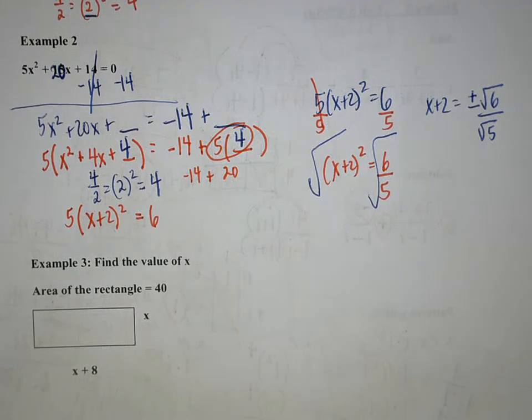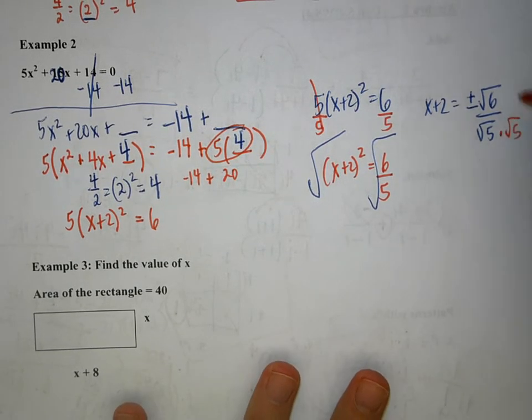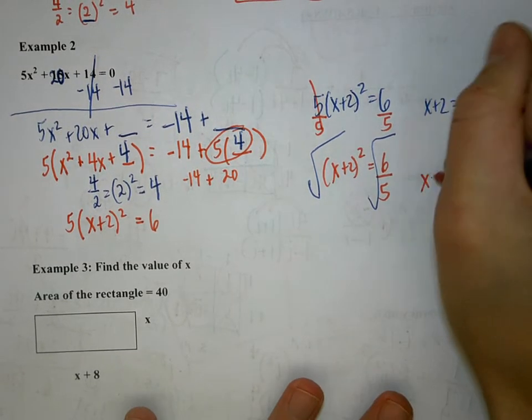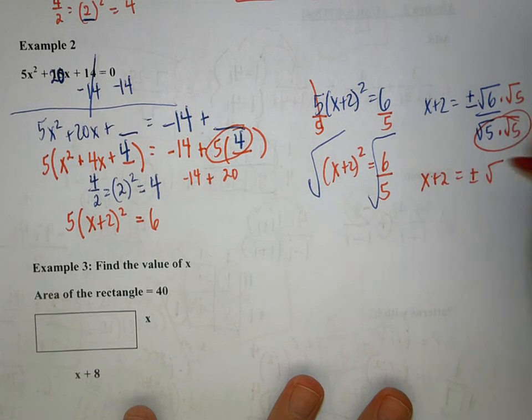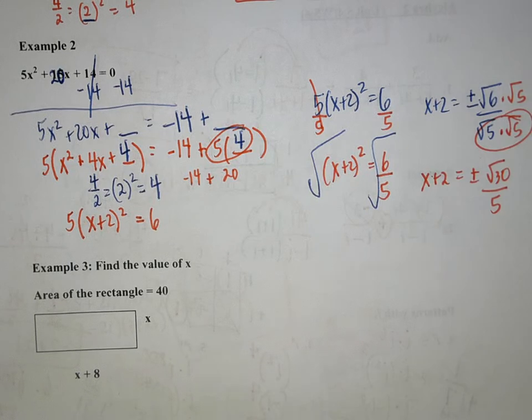Is it okay to have root 6 over root 5? No. Good. We can't have a root in the denominator. So how am I going to get rid of the root in the denominator? Good. So now I have x plus 2 equals plus or minus root 30 over 5.